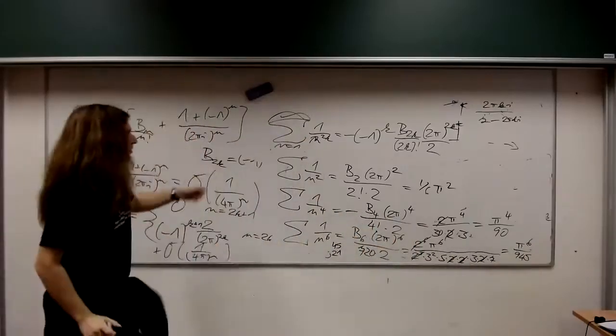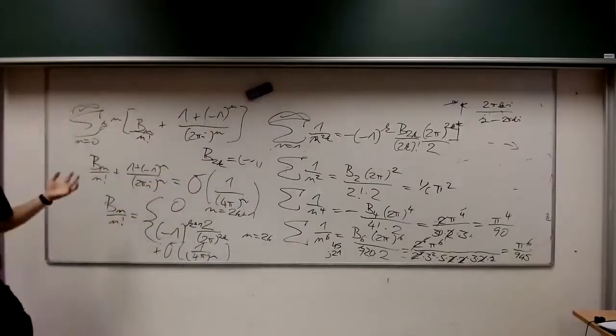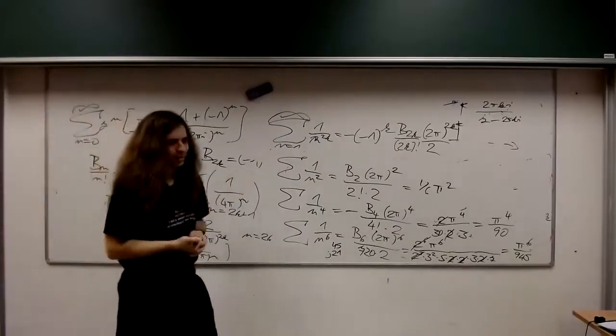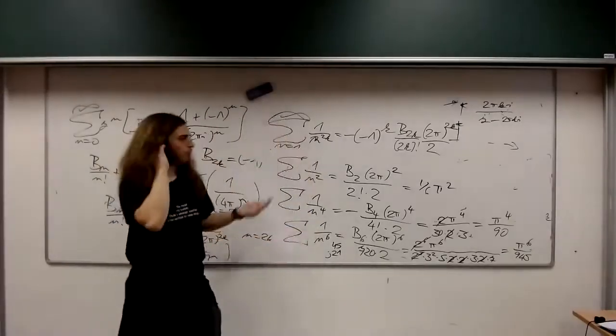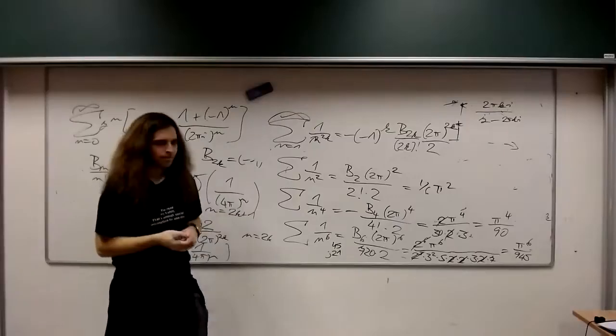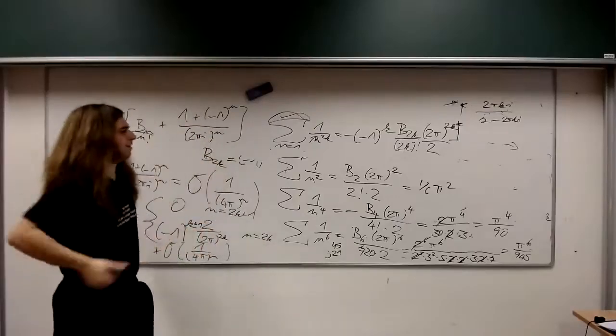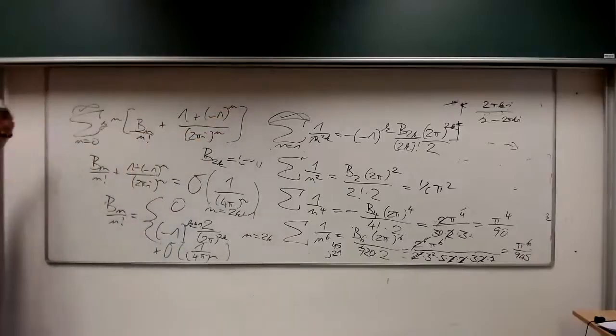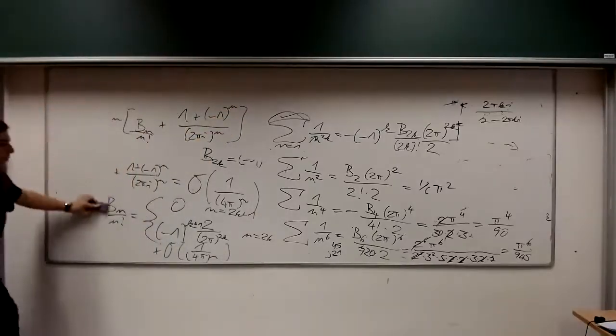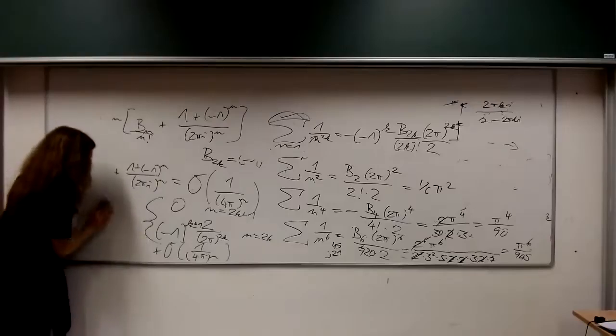So in this way, we can calculate just about any of those sums. And these are, as we can see, very connected with those Bernoulli numbers. So that's nice. And since it's time to finish, let me end with a little joke.